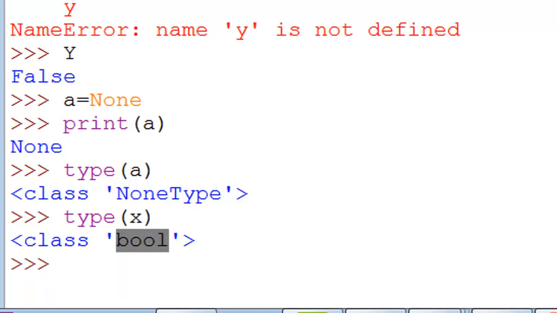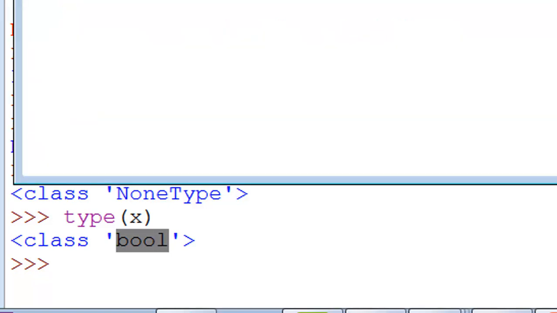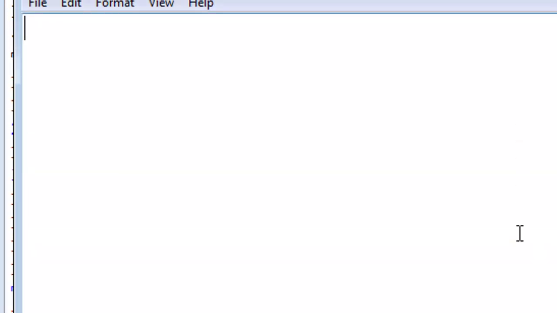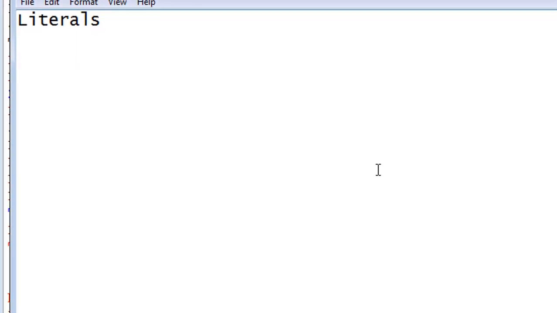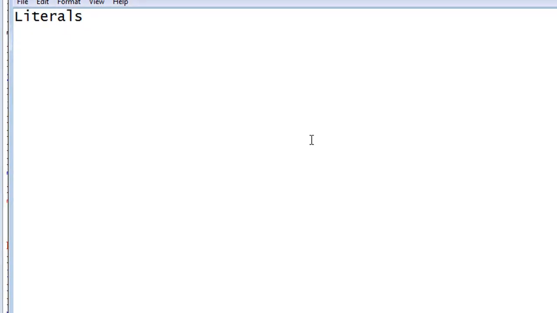Now we have learned all the types of literals. Let us recall what we have learned till now about the literals. Actually, first of all, let us discuss literals. Literals are constants whose value cannot be changed. Then we have four types of literals. One is string literals, and that is a single line.